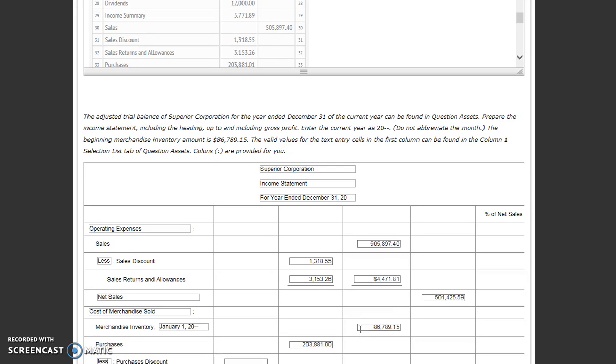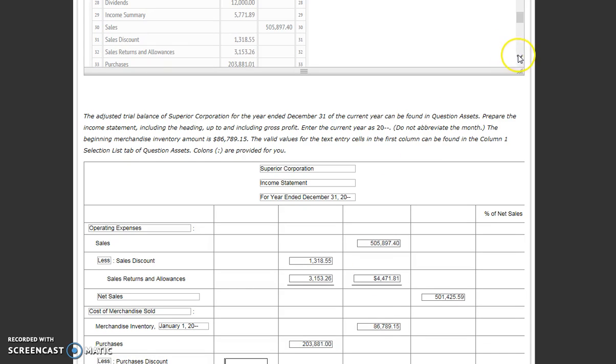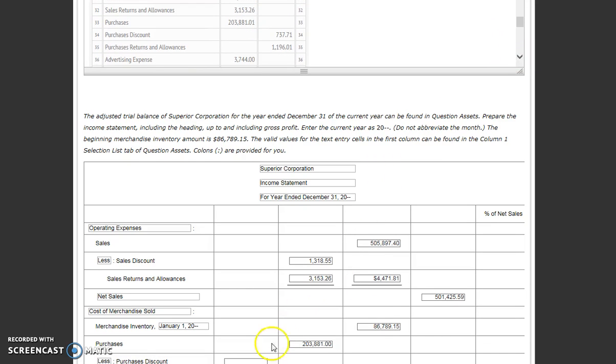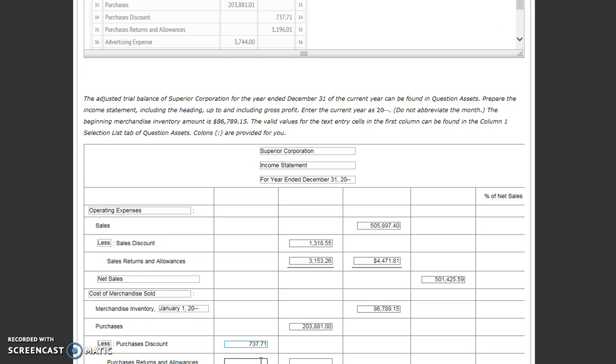Less purchases discount, $737. Purchases returns and allowances, right there.